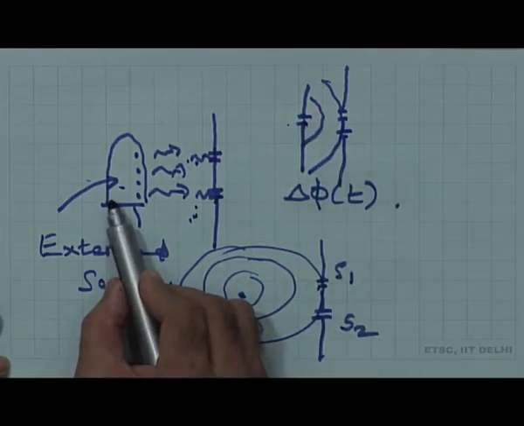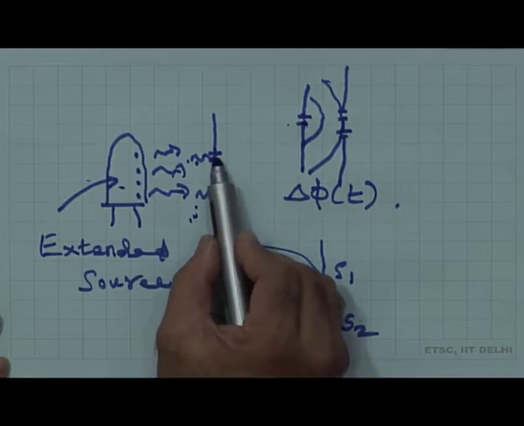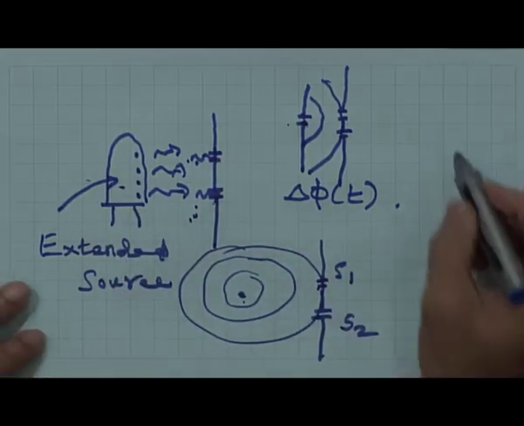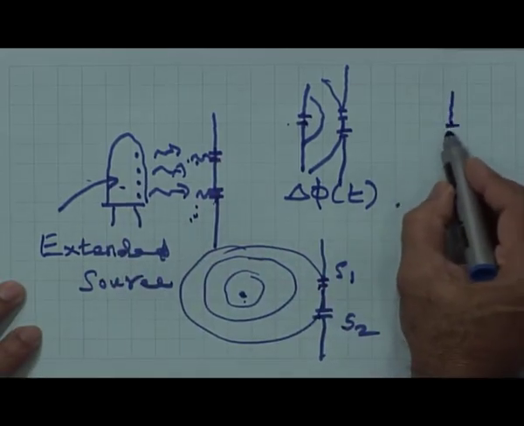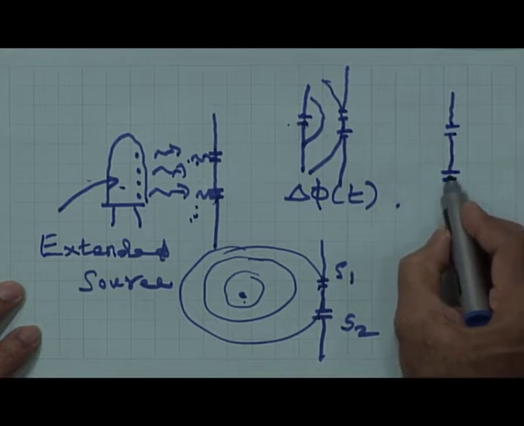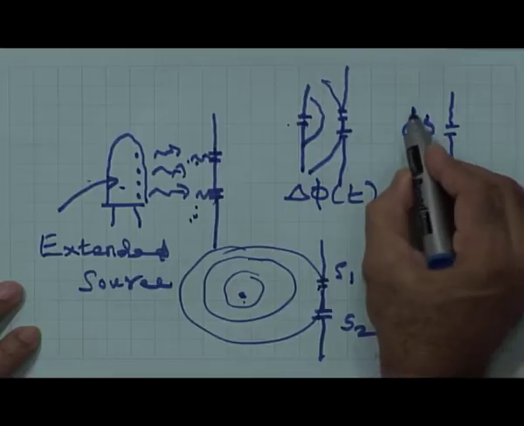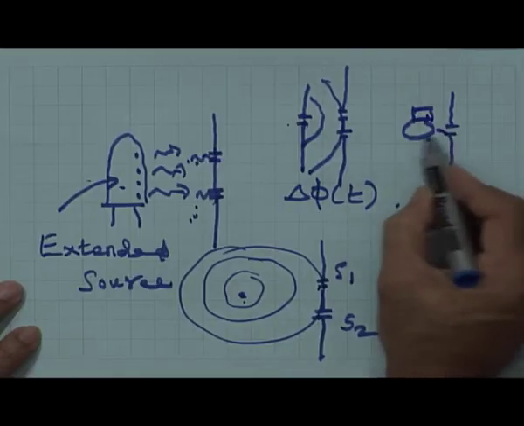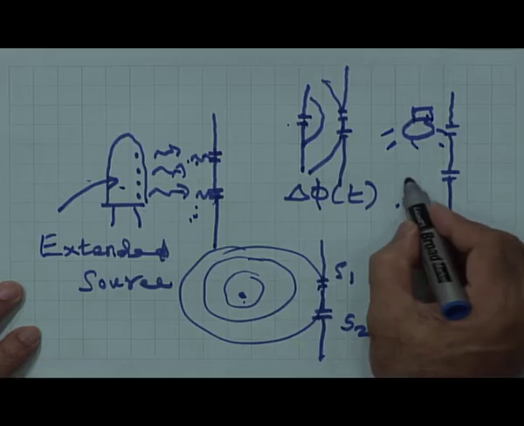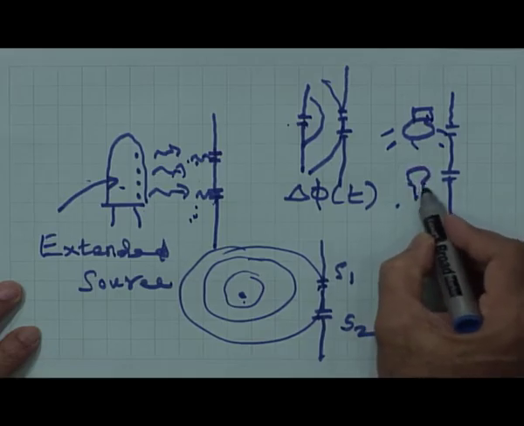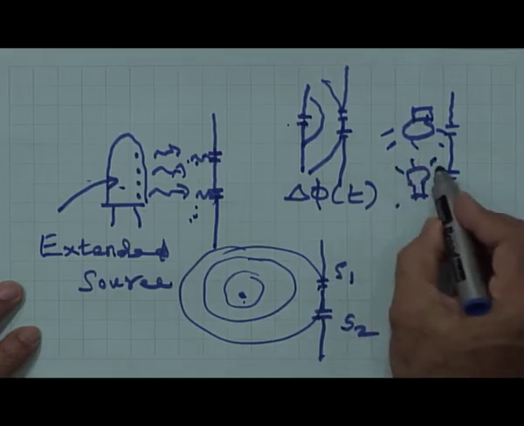We did not place an extended source directly in front of this, or take two holes S1 and S2 and keep one bulb, which is giving light, and another bulb in front of the other.